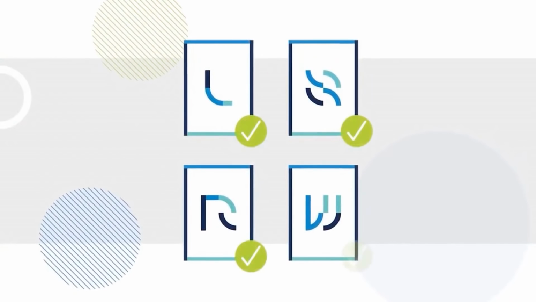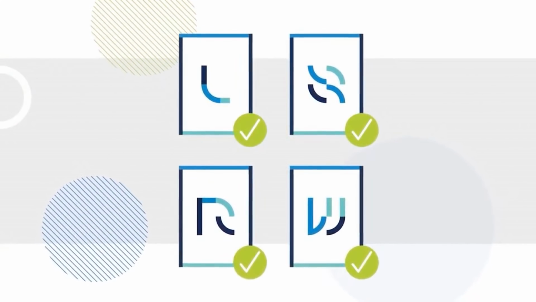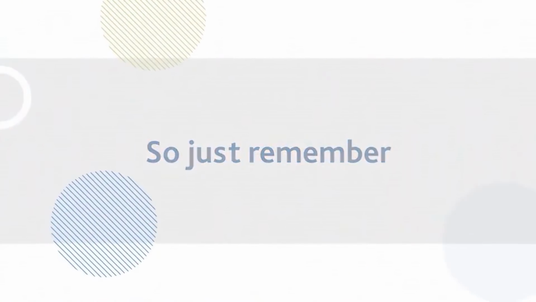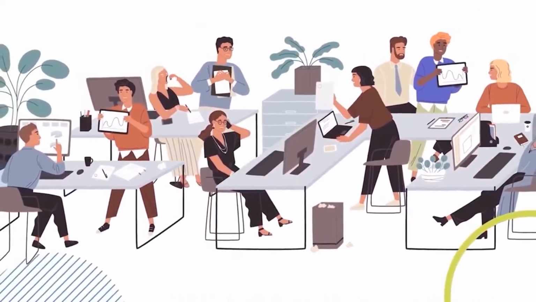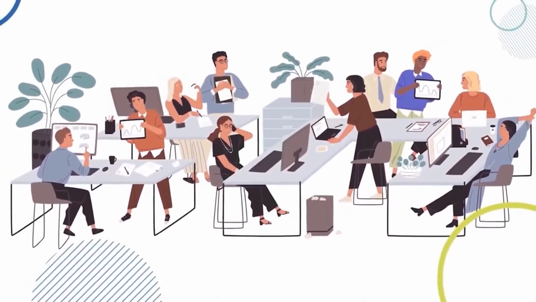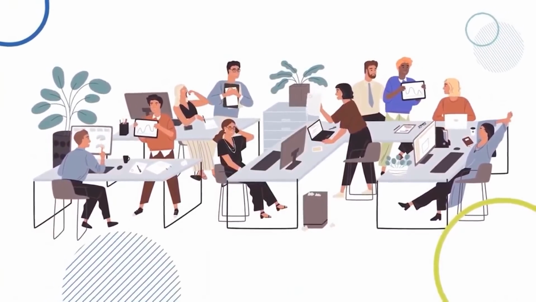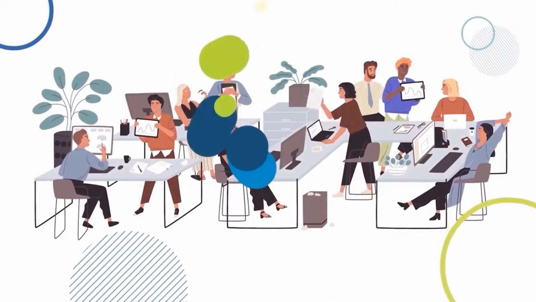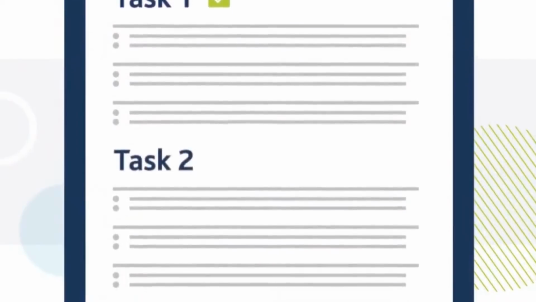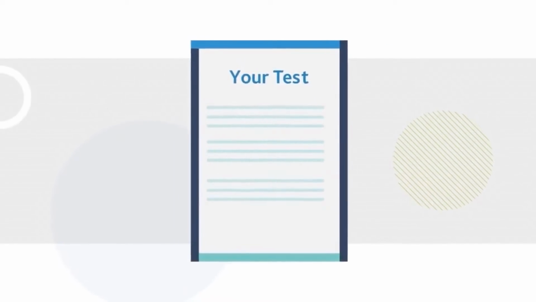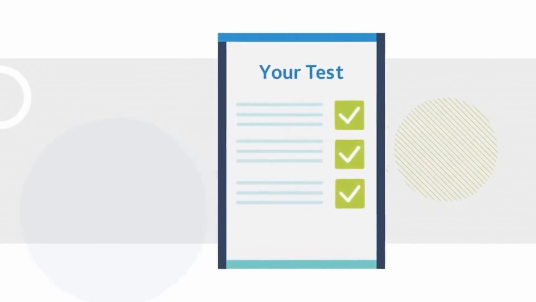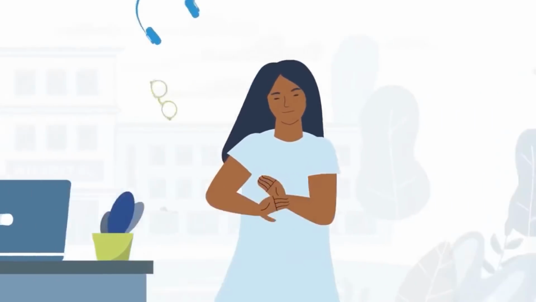Priya's scores are provided on a scale to give her a clear indication of her ability in each skill area. So just remember, our assessors receive ongoing training to ensure they continue to meet our high standards. Your answers are marked by several different assessors at different stages and are closely monitored for consistency and accuracy. Your scores are also analysed, ensuring you receive a fair result no matter when you sit OET. In other words, our assessment process turns this into this, so you can go from here to here.